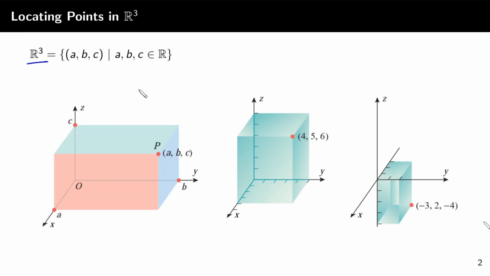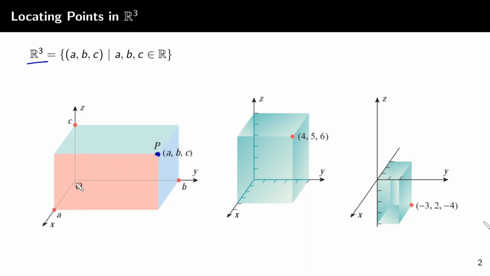Okay. So how do we locate points in R3? So suppose yung A, B, and C natin ay positive. You can imagine the point P with coordinates A, B, and C as the point which lies on this corner of this rectangular prism. But without actually drawing the rectangular prism, how do we locate the point with coordinates A, B, and C?